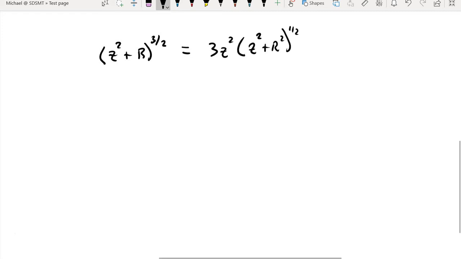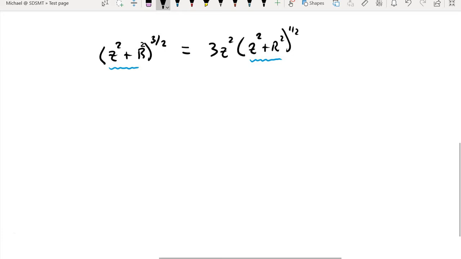And the next thing that we will do is, we can see here that we have some like terms on either side. We have some terms with similar bases. And, oops, I forgot my square on the r there. Now we have like terms on both sides.